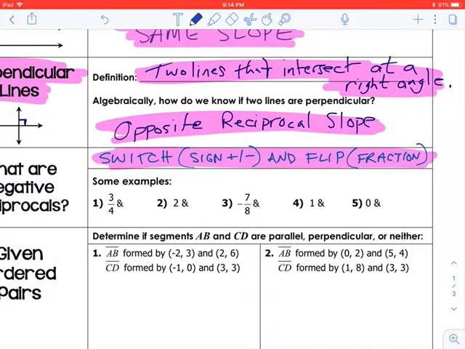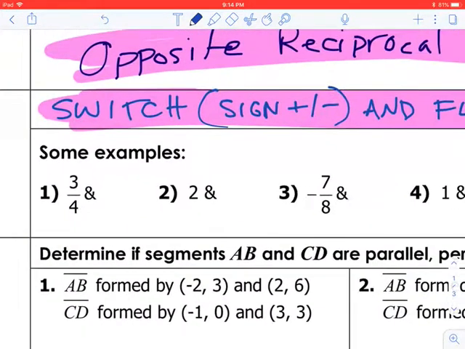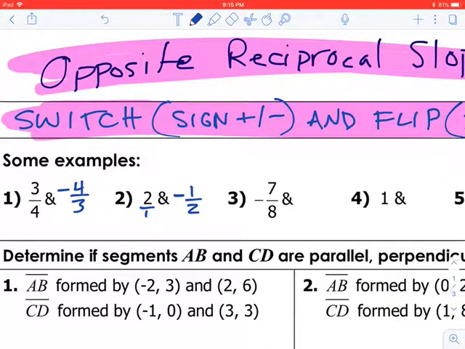So here are some slope examples. If the slope is 3/4, the perpendicular would be negative 4/3, because I changed the sign and flipped the fraction. Same thing here: if it's 2, that's the same as 2/1, so switch the sign from positive to negative, and flip it over to be 1/2. Negative changes to positive, 8/7.